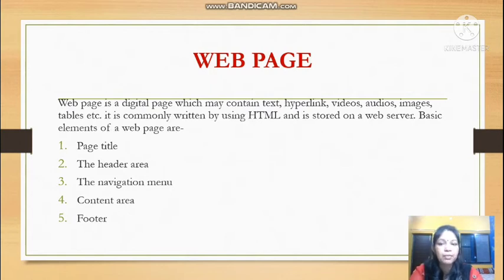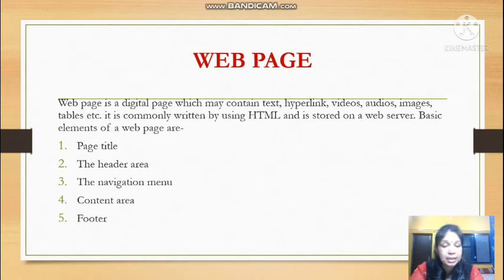When you open a web page, obviously at the top bar of the window you will see the page title, the name of that web page. Then in the header area you will see something. Then the navigation menu. On the home page of any website you will see different links. If I talk about the website of our school, on the first page you will see links if you want to know about the faculty or the labs in our school.